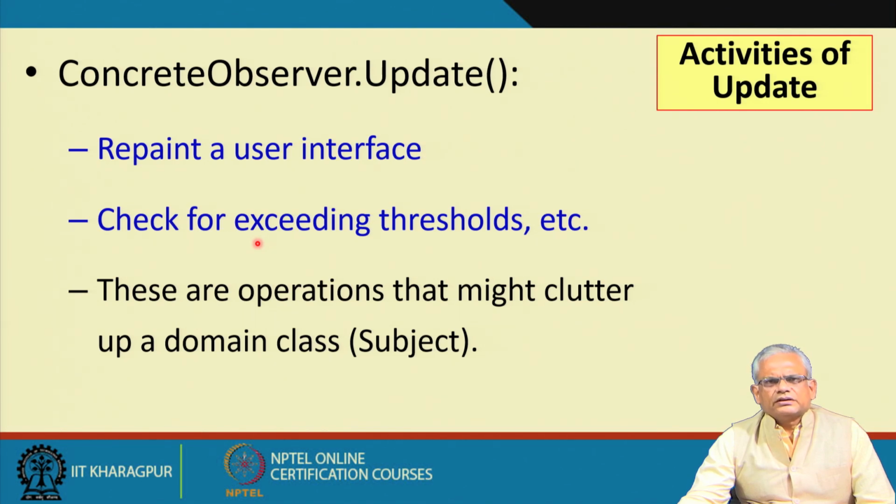If the model had to do this, deciding on an event what things should take place on the subject and on the observer, that would make the model extremely complicated. So, it just informs that something has changed by calling the update method of the corresponding observers, and the observers take care of what things to be done specific to them.